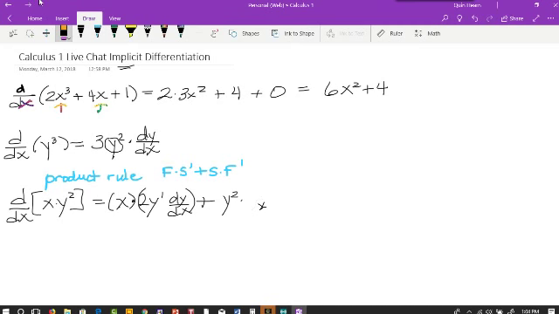So there's a reason why, when it's an x, when it matches up, we don't end up having to write this little funny looking expression with the d's, because it actually kind of cancels out. So here we have 2xy dy dx plus y squared. And that's the derivative of xy squared with respect to x.